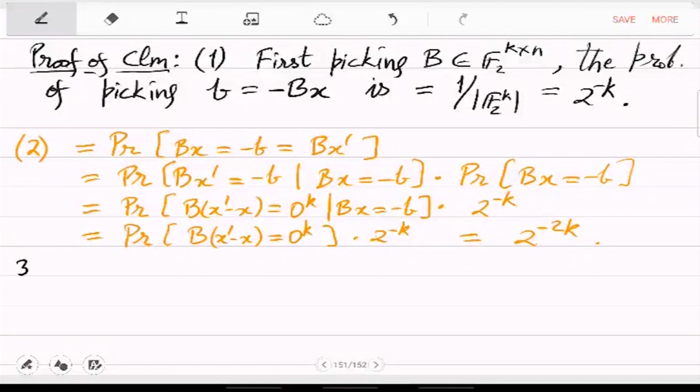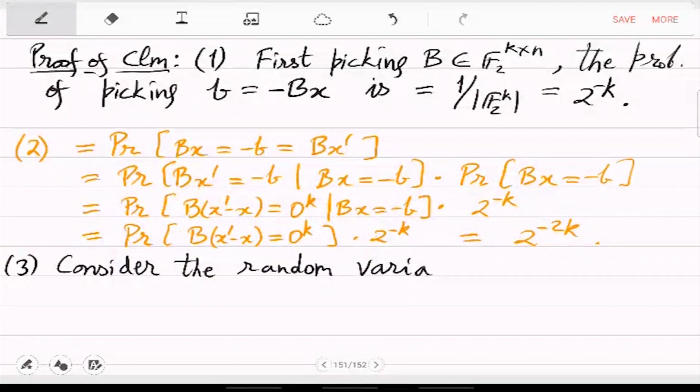And moving on to the third property, which is the most relevant to our application. This will come from the top two. Okay, so let us consider the random variable n.